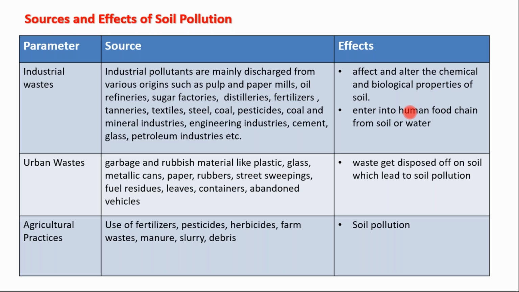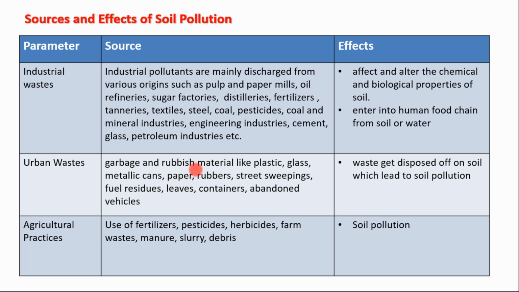Then urban waste, that is garbage and rubbish material like plastic, glass, metallic cans, paper, rubber, street sweepings, fuel residues, leaves, containers, abandoned vehicles, etc. So these are the different sources and examples of urban waste.